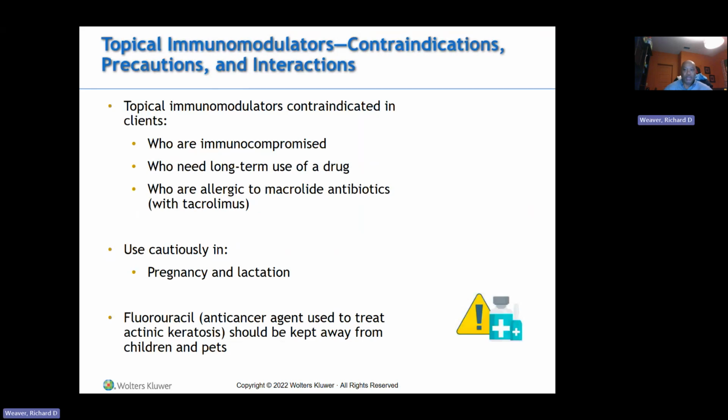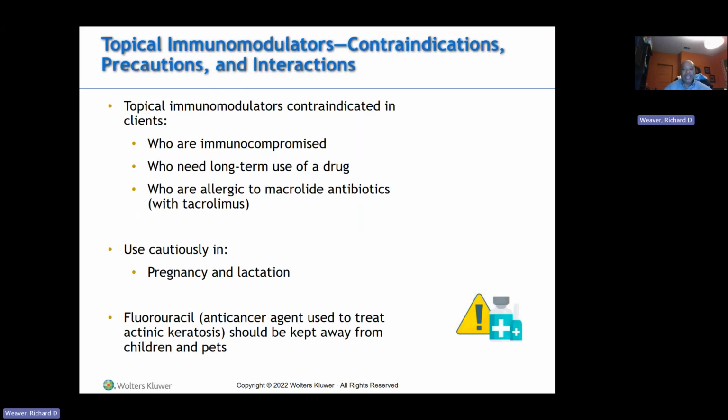All right. And so these patients, they become susceptible to infection. All right. So patients who are immunocompromised already, they shouldn't use these topical immunomodulators because again, they're already immunocompromised. And when you reduce the inflammation or the inflammatory system, then these patients can develop infections and what have you.